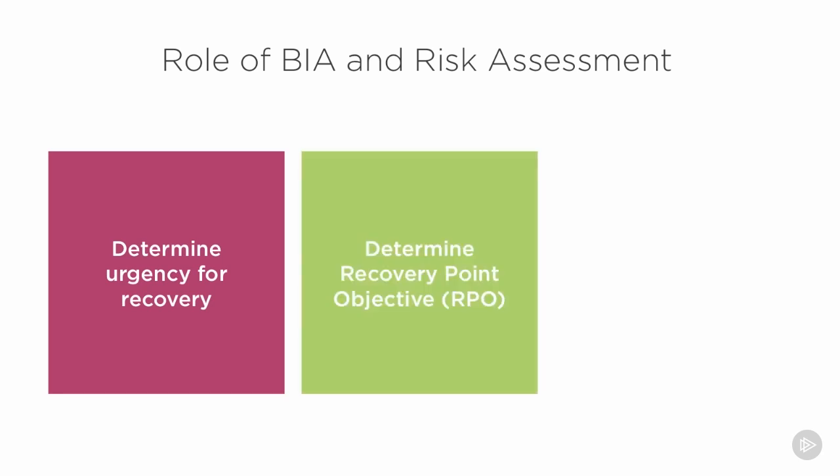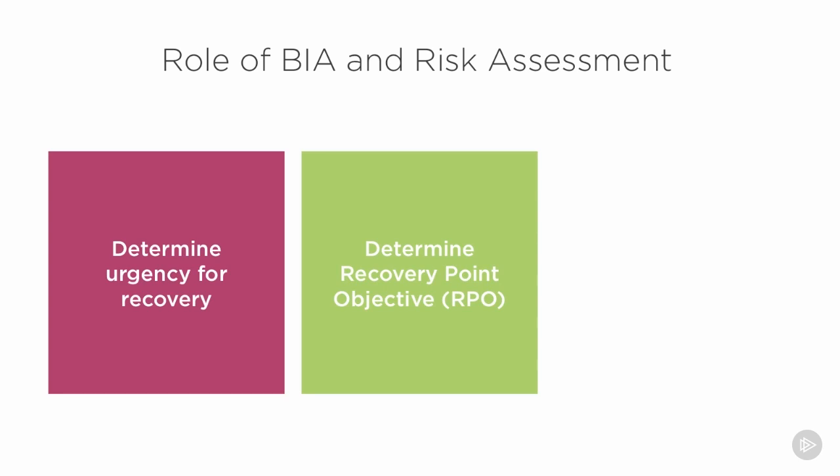So BIA and risk assessment will help us to determine the urgency for the recovery of certain parts of the business. It'll also help us to determine how much data can we afford to lose. Well, we take backups. If we only take a backup once a day, and we have a failure late afternoon, well, it could well be that all of the work done that day is lost. Well, can we accept that? In many cases, that depends on the type of business we're in.